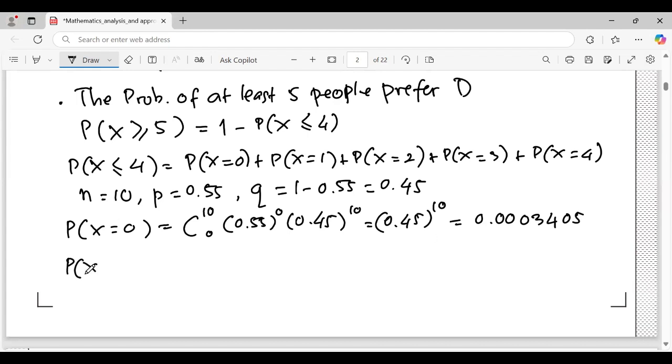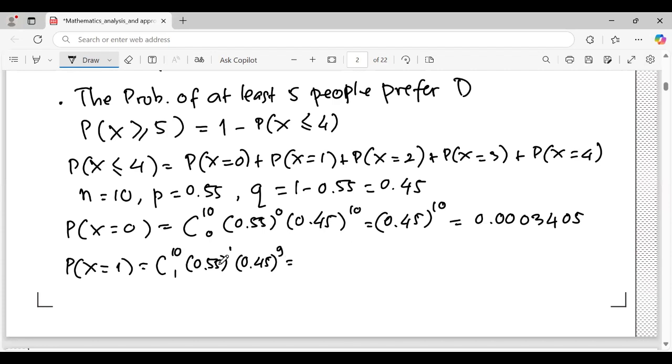Next, the probability x equals 1. It is the combination 10 and 1, times 0.55 power 1, times 0.45 power 9.